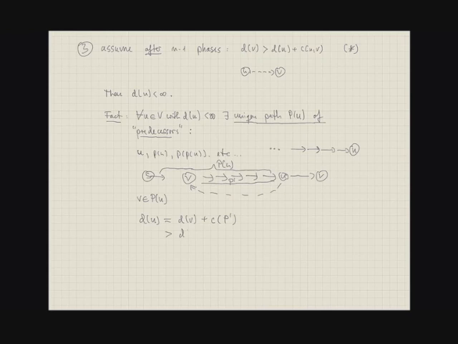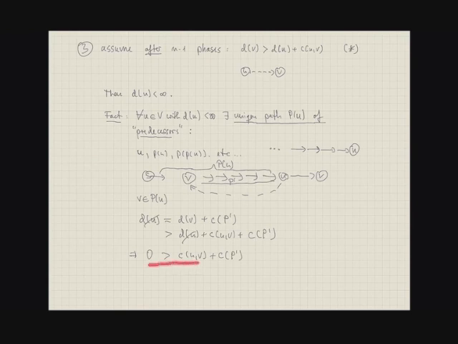So this is larger than d of U plus the length of the arc from U to V plus the length of the path P prime, the subpath P prime. Now we can just cancel equal terms, and we observe that 0 is larger than the length of the arc from U to V plus the length of the path P prime, and that's it.